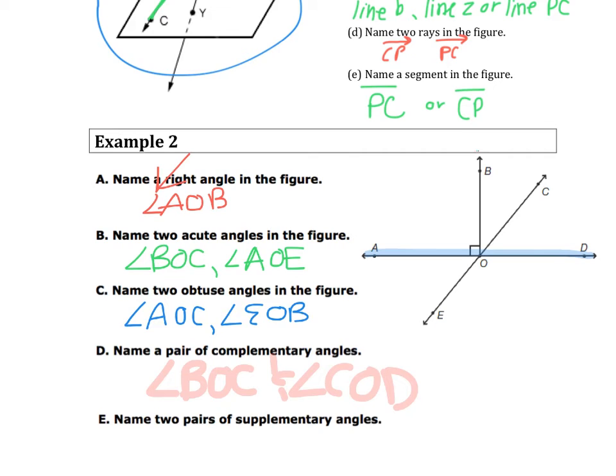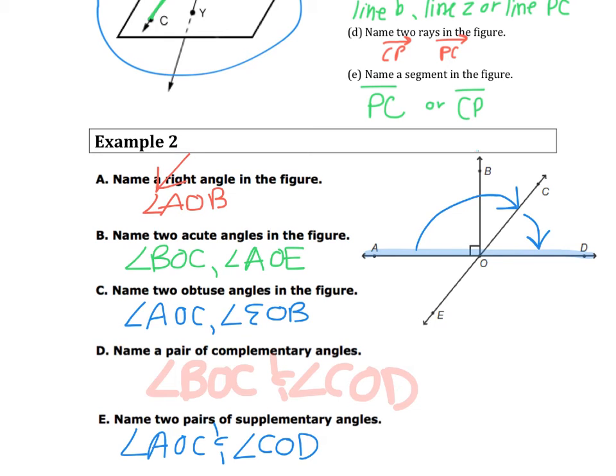So first, we'll do AOC. AOC gets us to that point. AOC, and we'll finish up with COD. You see how that creates the straight line or the straight angle, all the blue?